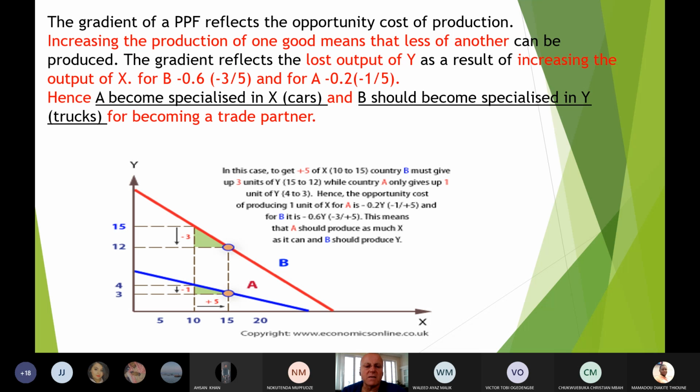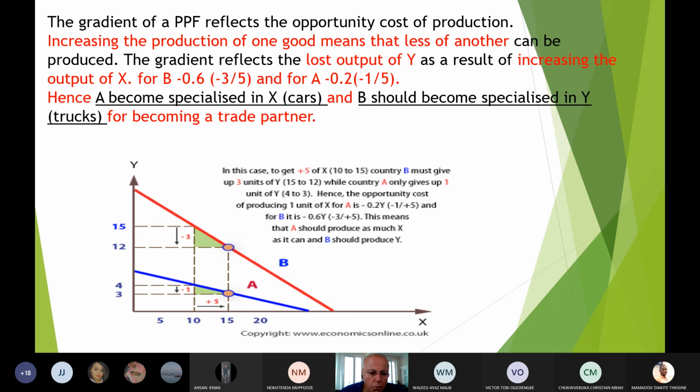For B, it is minus 3/5, which makes 0.6 for the given example. And for A, it is 1/5 in the given scenario because you are giving up something and getting something. You see the differences in this changing market structure.